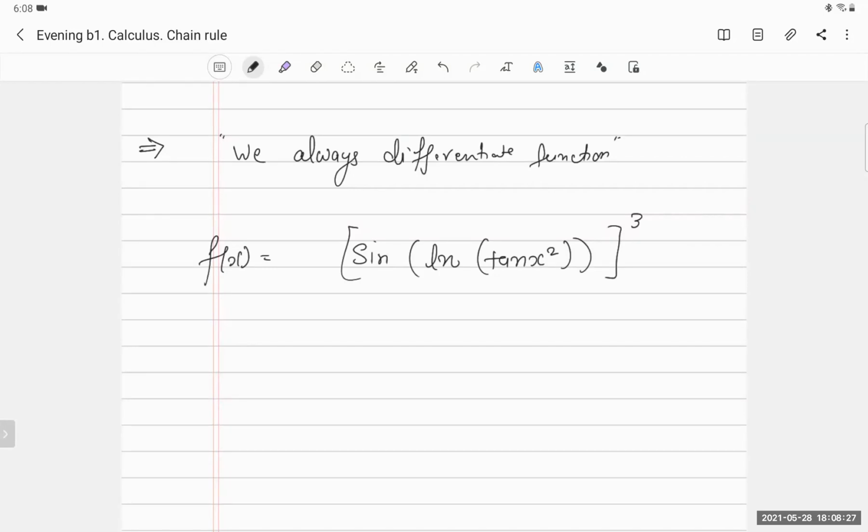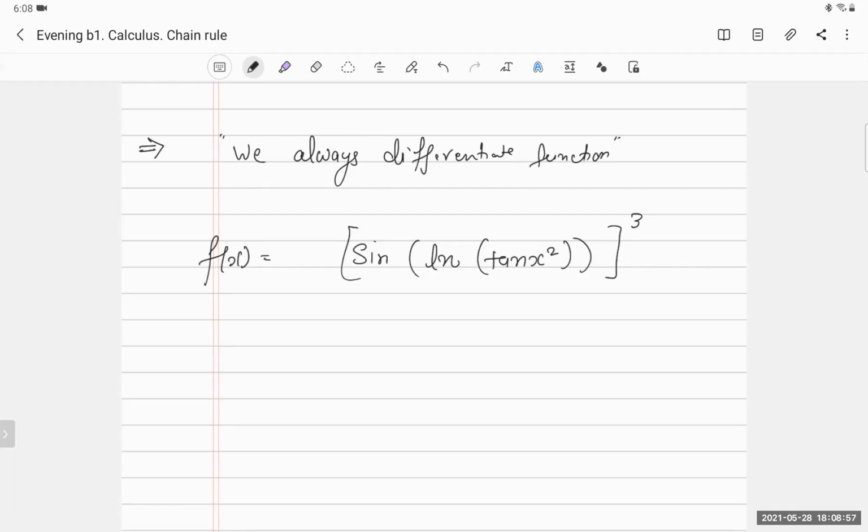First of all, that value will go into where? The 3 will come down. No, I am saying what is the sequence of calculation? Arey beta, I am not talking about the differentiation. Okay, listen. Wait.